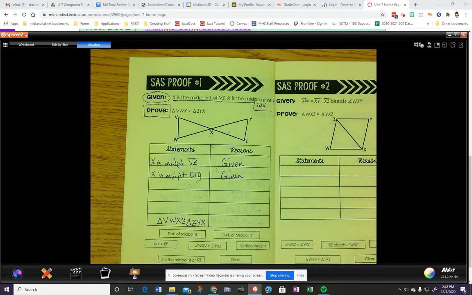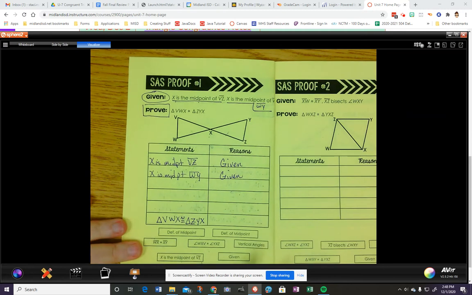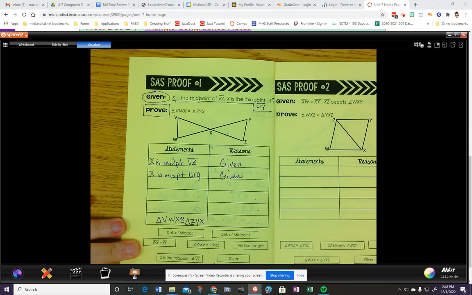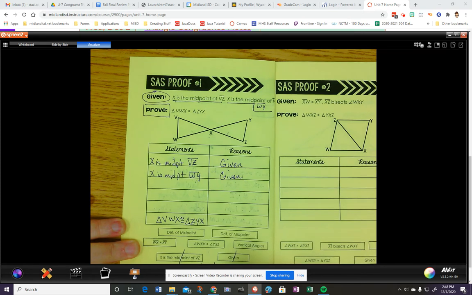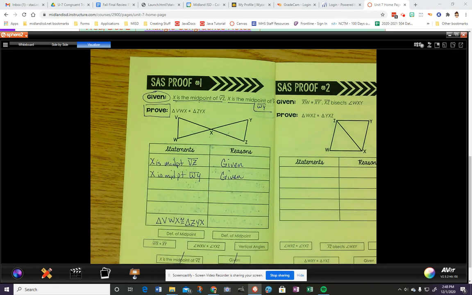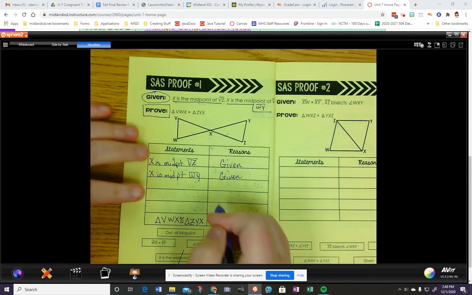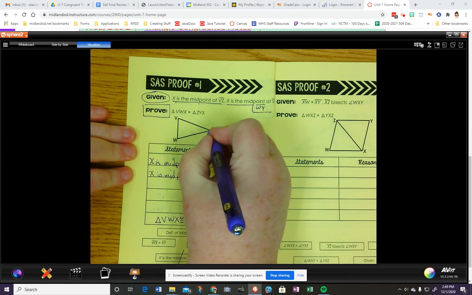Okay, so here we go. Let's go ahead and mark off what we have. X is the midpoint, given, and do our triangle. Now, what can we say? Here's X, that's our midpoint.